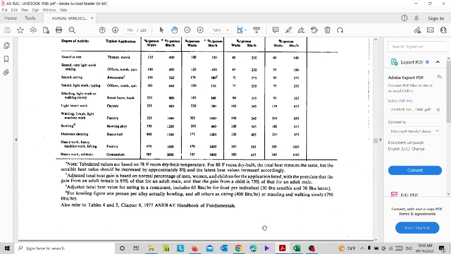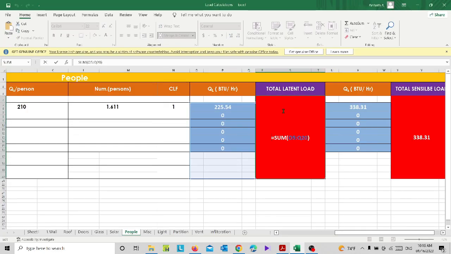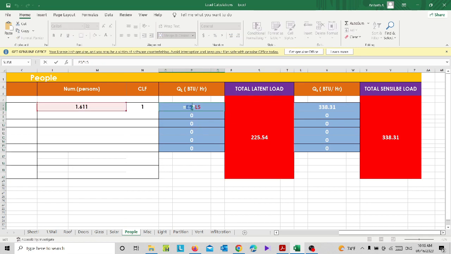Once you get all the values, you can simply apply them in your formula for QL, which is the latent heat load. It's a multiplication of the number of persons and the BTU per hour for the latent heat load. But for the sensible, you have to consider the cooling load factor as well.